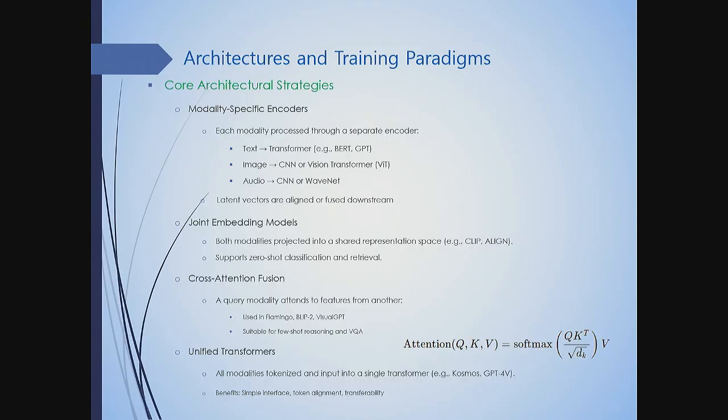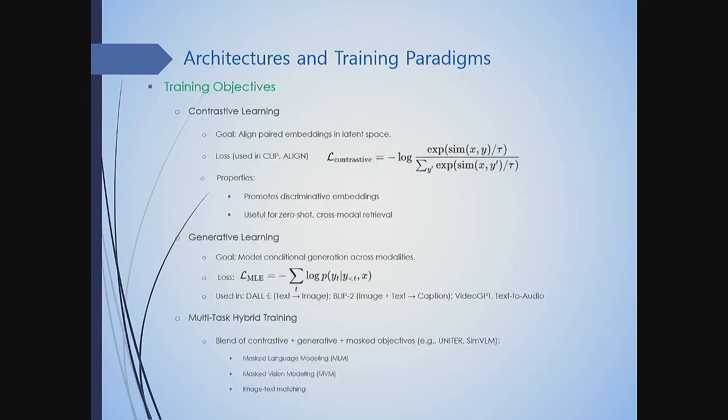You have the formula there: with a query, one modality attends to the features from another modality. You have to compute the attention mechanism to see how related they are. You can also use a unified transformer, where all modalities are tokenized and input into a single transformer. Its benefits are, for example, a simple interface, token alignment, and transferability.